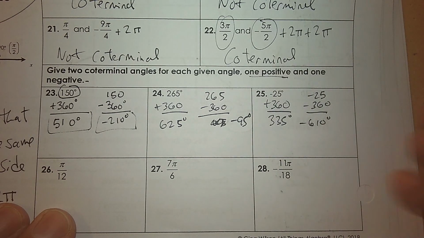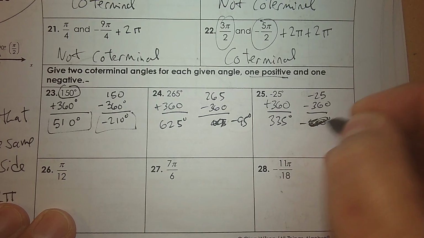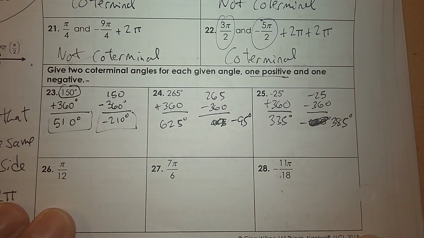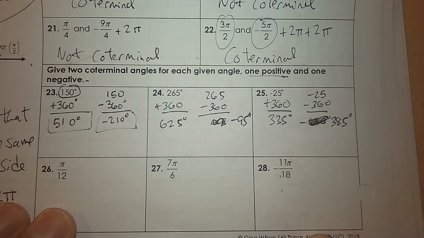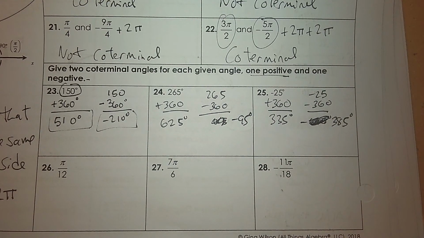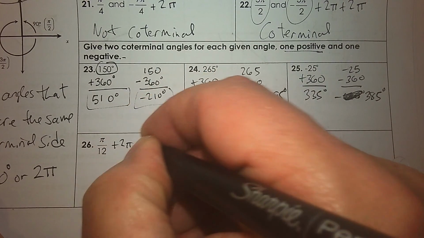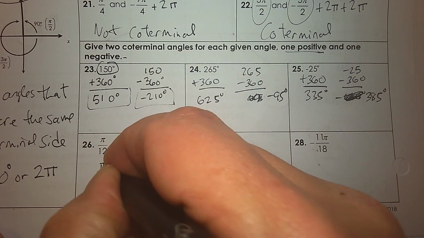Oop. Where did that come from? Well, if it's in radians, it's not 360 but 2 pi. Can you add 2 pi? And to pi over 12, can you subtract 2 pi?